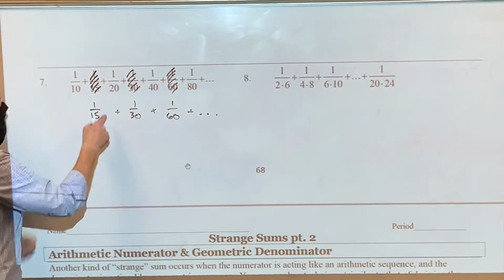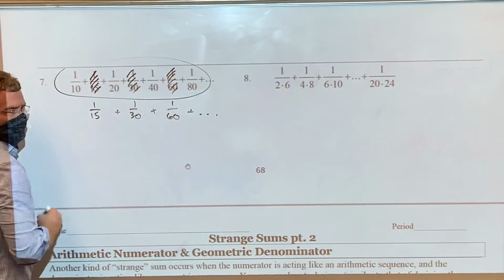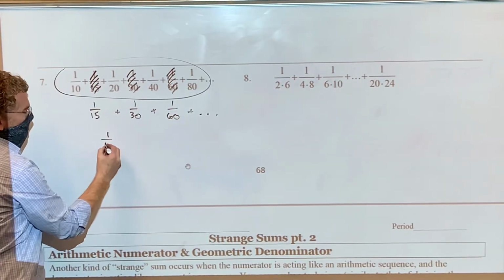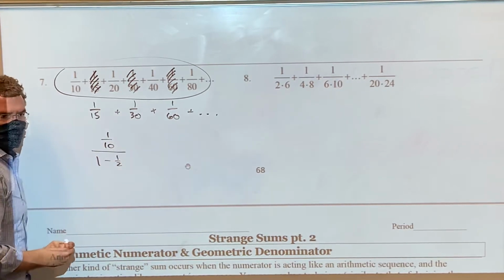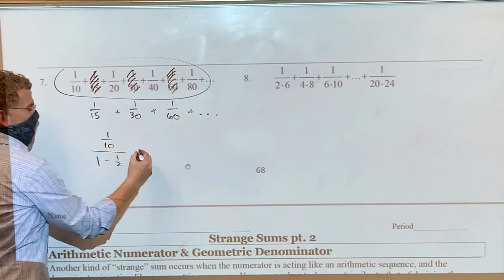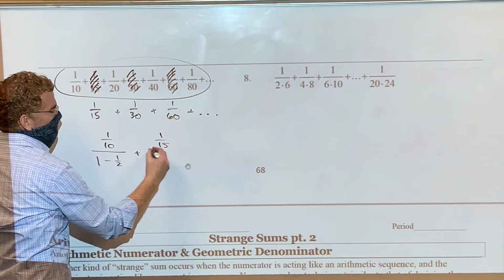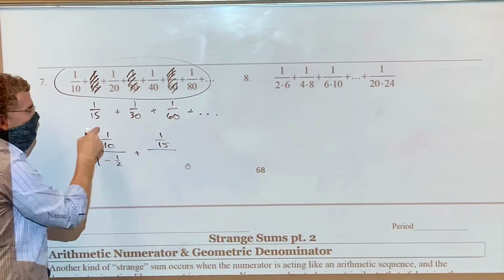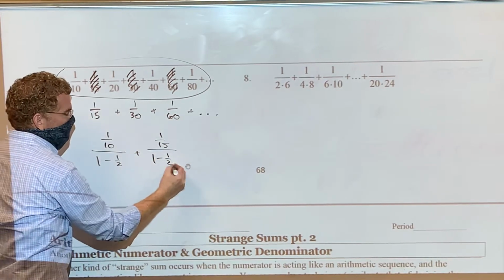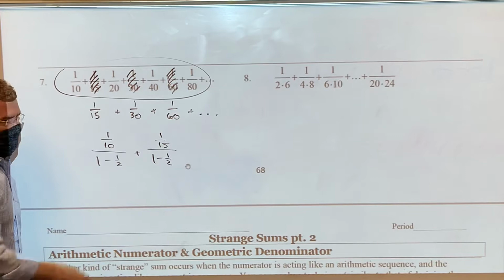Okay, so how do I add the first part? First term over 1 minus the ratio. How do I add the second part? Same thing. First term, which in this case is technically the second one, but it's the first one in that sequence, right? Over 1 minus the ratio. And then I just clean this up, right?